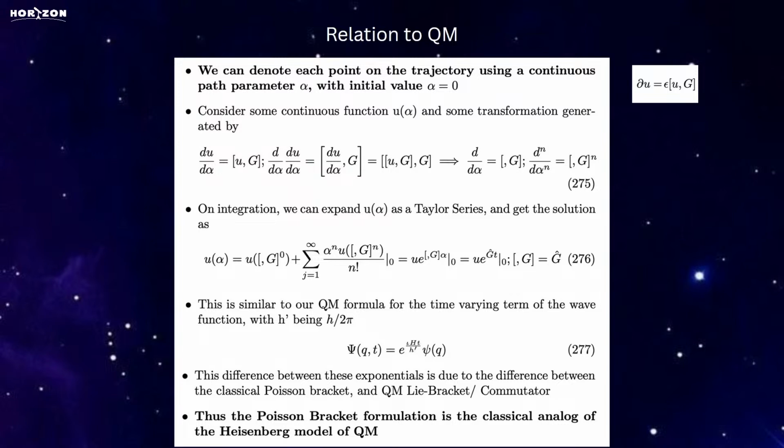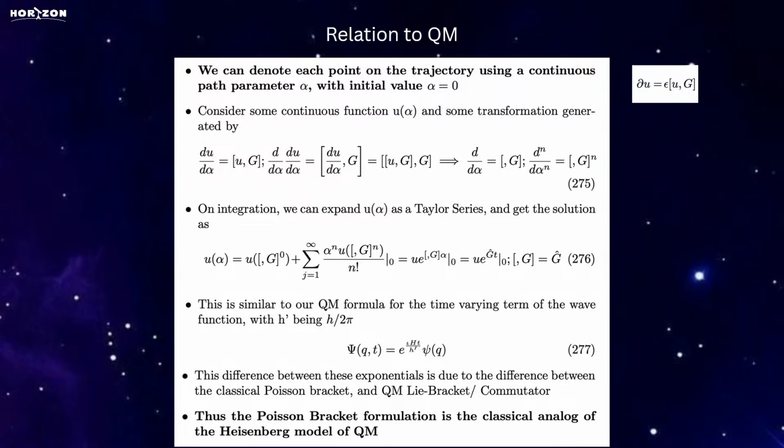Let us go further. This active interpretation seems to be pretty interesting. Now, if your epsilon is some continuous parameter, say this parameter is alpha, then the relation becomes ∂u = ∂α u,G. Now we can evaluate another higher order derivative as follows.